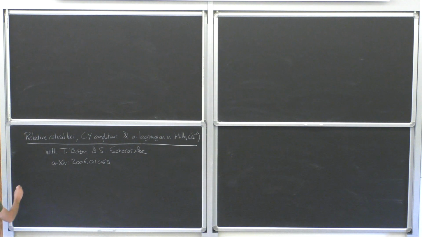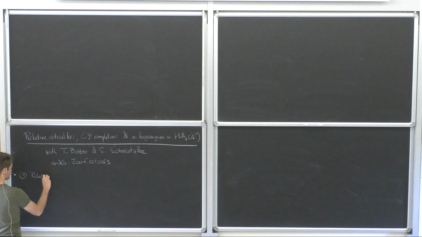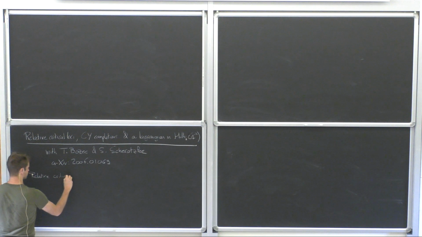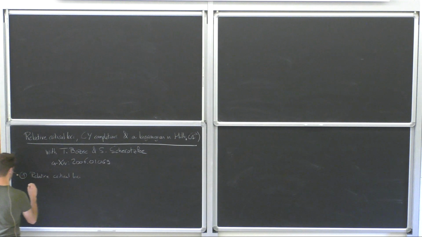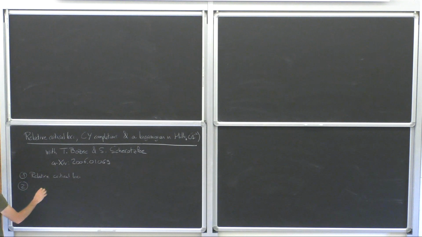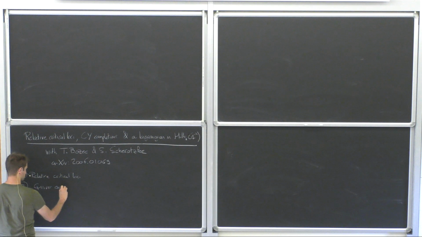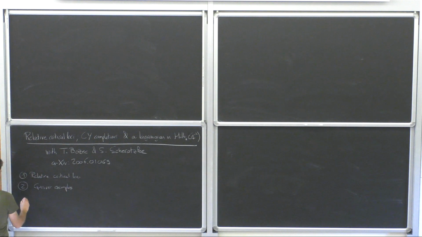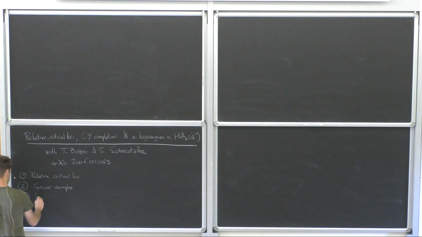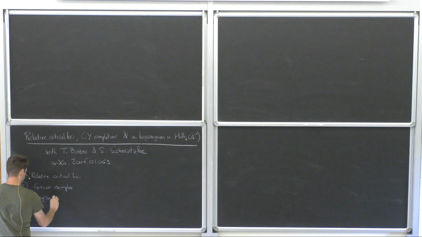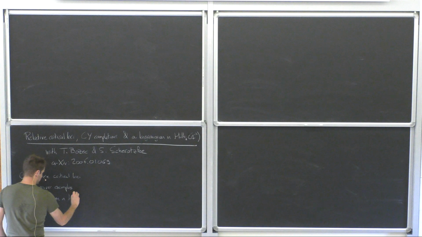So the plan is to first talk a bit about relative or constrained critical loci. Then I want to give a large class of examples that come from quiver representations. Then we will further specify this class of examples to a single one, which will produce a Lagrangian in the Hilbert scheme.